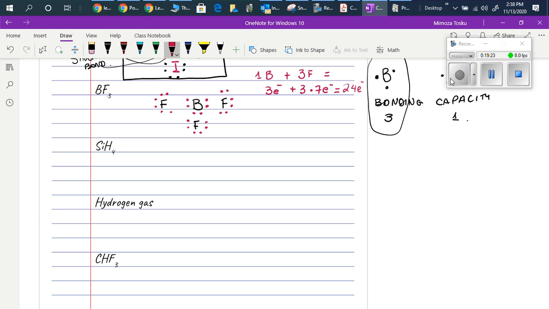In this case, boron, which is the exception, has 6 electrons, and all fluorines have 8 electrons to satisfy the octet rule. And we are good, that is the structure of boron trifluoride.